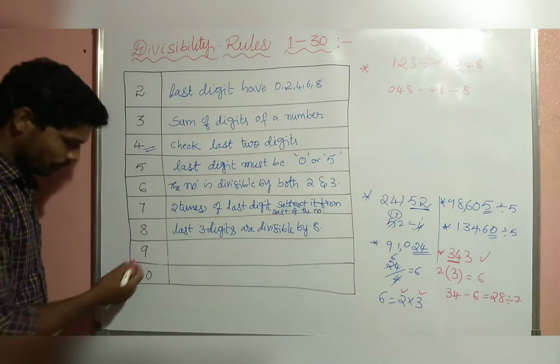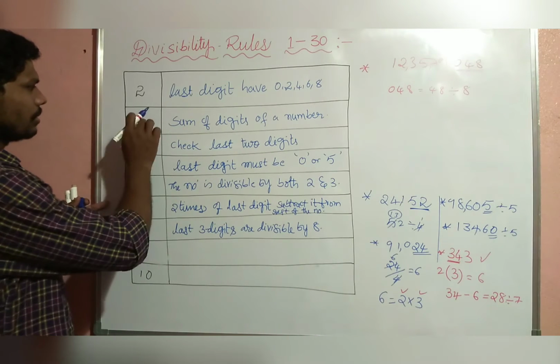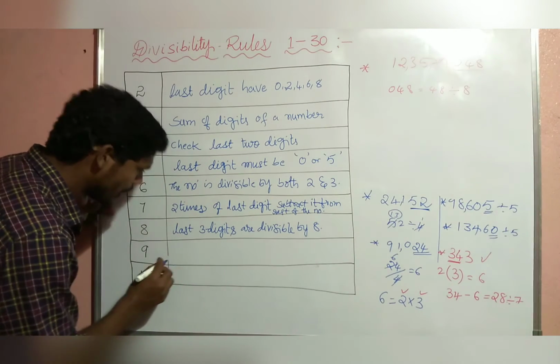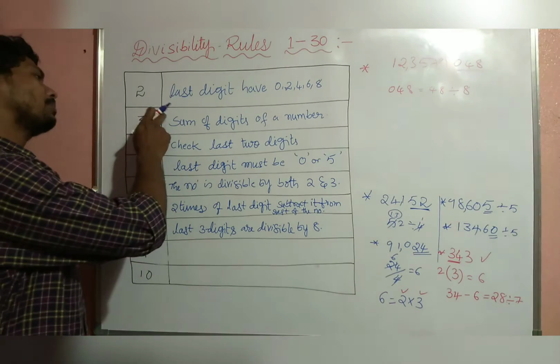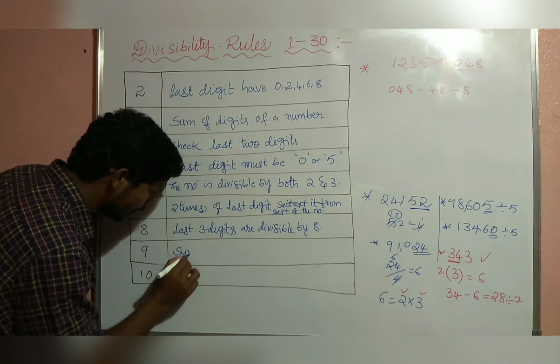Now come to the divisibility rule of 9. That is the same as 3: the sum of the digits of a given number. Here 9 is also the same thing, but with 3 we check divisibility by 3, and here by 9.